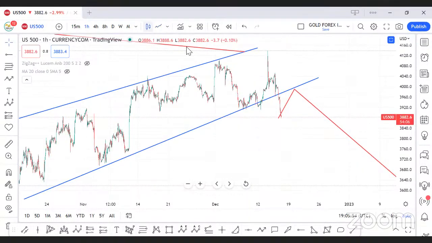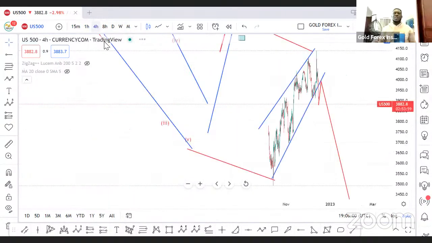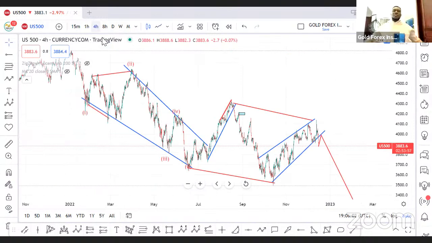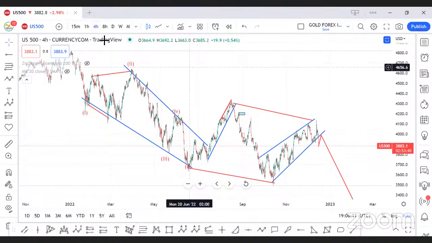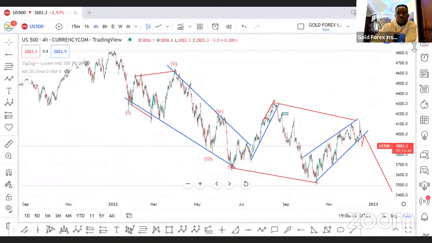So oil, is there any fundamental on oil? I've not checked the fundamental yet, but let me check whether the whole thing is corrected. Oil.